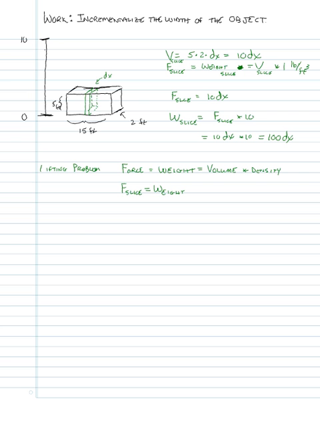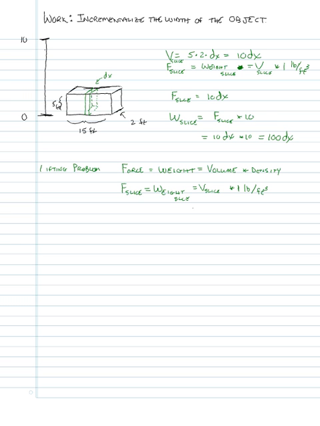Whoops. Of the slice, my bad. Is the volume of the slice times the density of the material. And the density of the material is 1 pound per cubic feet.